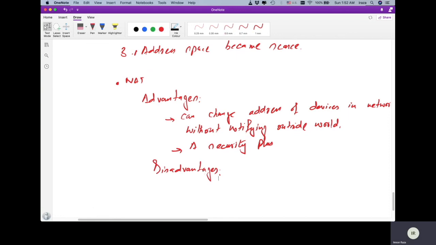So the first disadvantage is that the devices inside the local network are not explicitly addressable by or visible to the outside world. It's also a disadvantage, right?